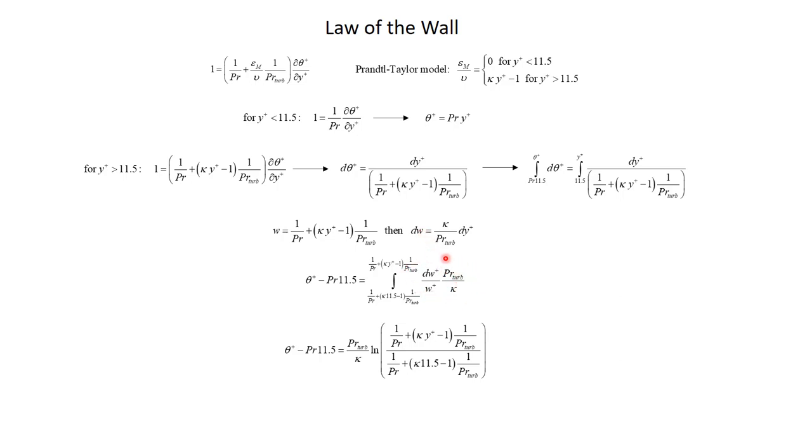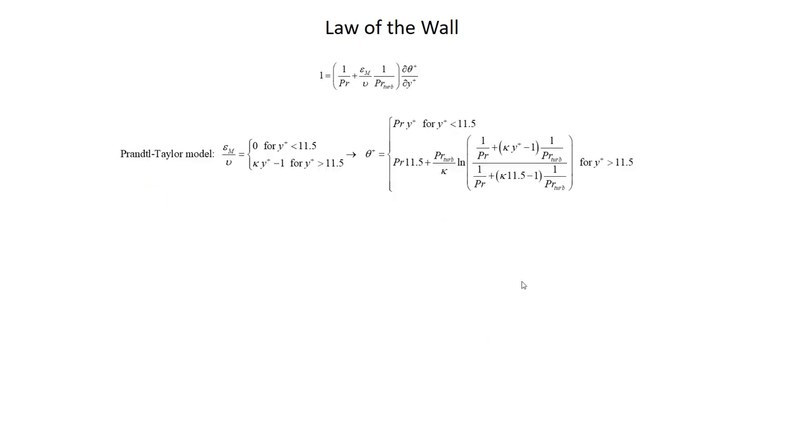So this is a much more integratable thing. I express the limits as w at y plus equals 11.5 and w at y plus equals y plus. This becomes Pr turbulent over kappa times the natural log of the upper limit divided by the lower limit. So this is my temperature distribution beyond 11.5.